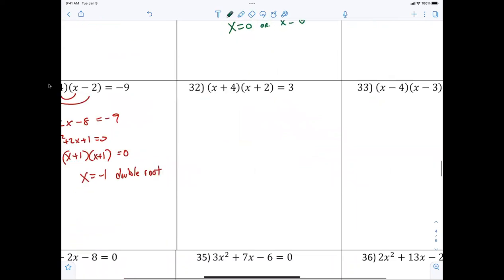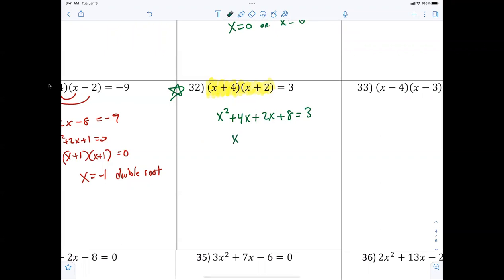All right. Now 32 was the hard one. The reason why we say 32 was the more difficult one was because it's not set equal to 0, number 1, and you have to multiply it. So I need everybody to take this right here and multiply that out real quick, please.